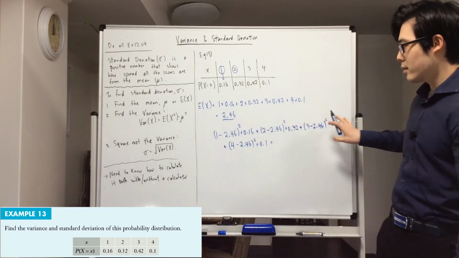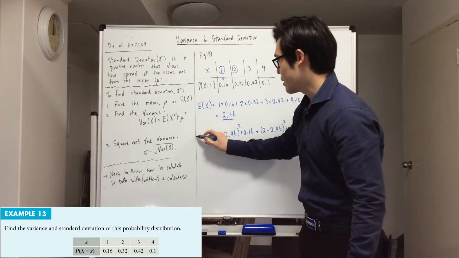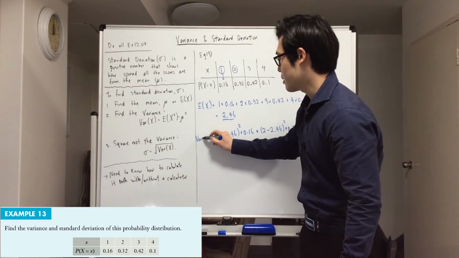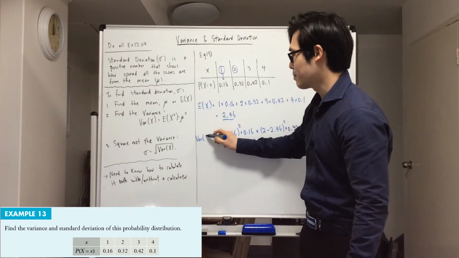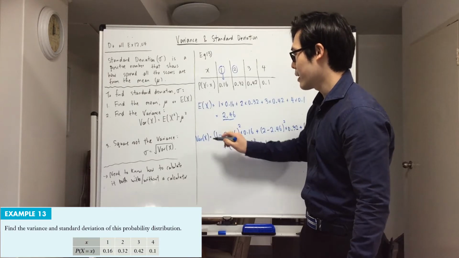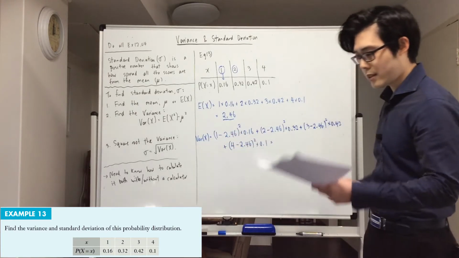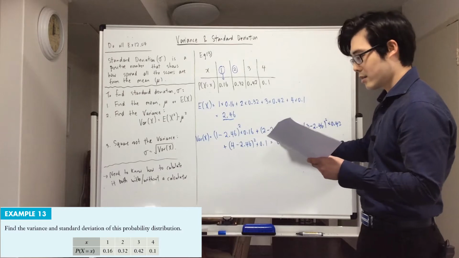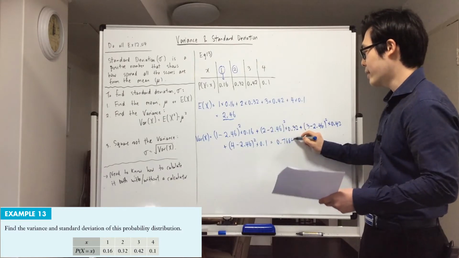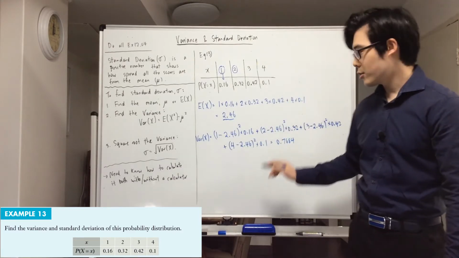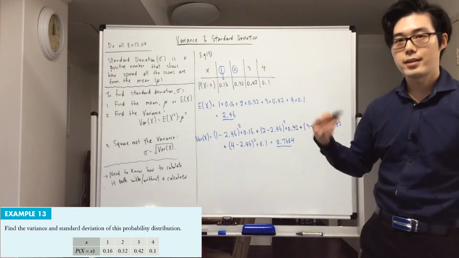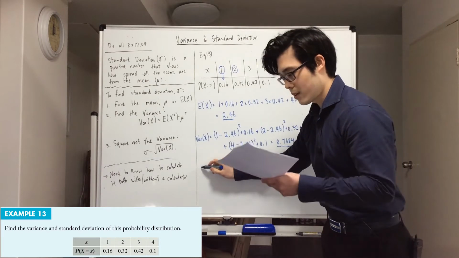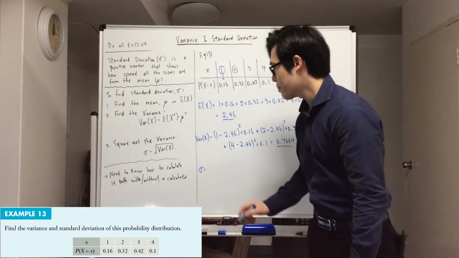By doing this, what we're actually finding is the variance, okay? And variance is symbolized by Var(x). If I put all of this in the calculator, you'll get 0.7684. From here, you use the variance to find the standard deviation, which is symbolized like that.